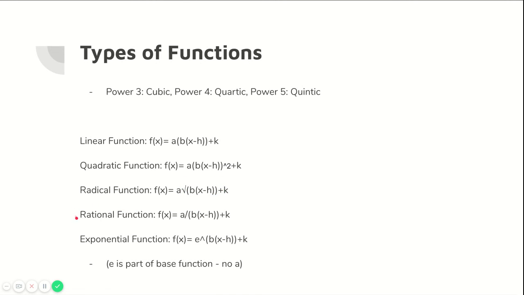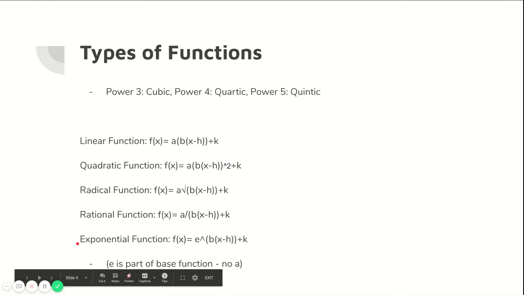And then a rational function, and as the name suggests, there are division signs, which is just a divided by all of this x and what is affecting x, and lastly plus k. And then for the last function, you have an exponential function, and you might see here there isn't any a, and it's actually replaced by e, because the exponent is actually just x.